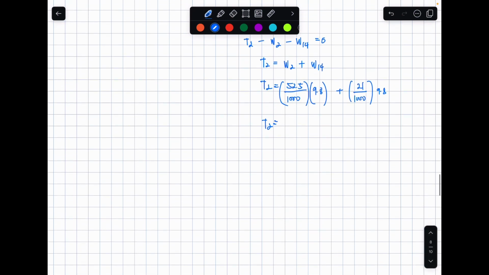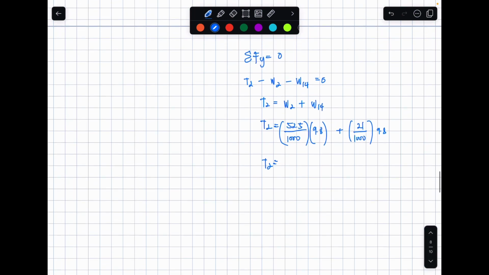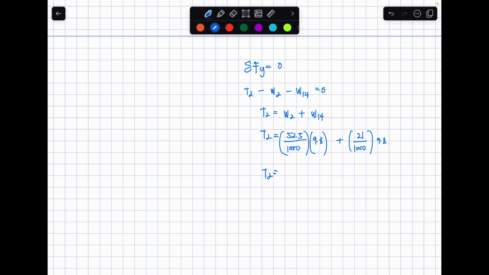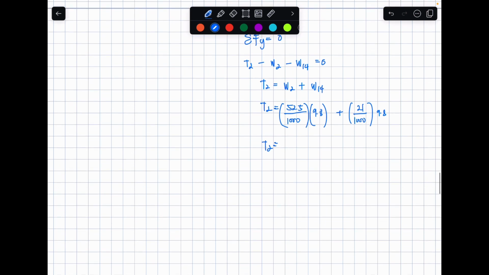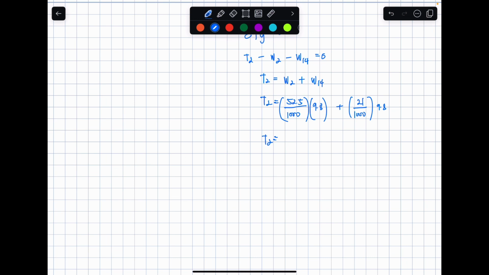My objective here is just to find the mass at the center, which is the combination of the two.